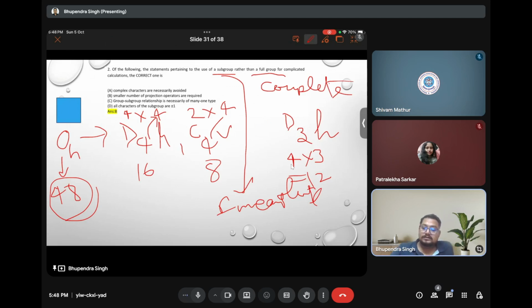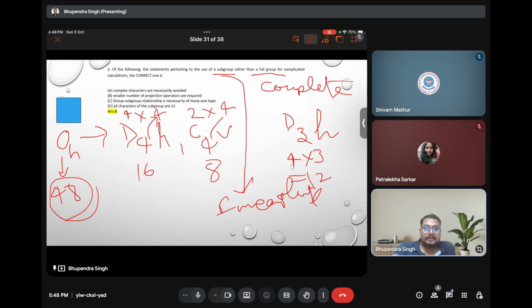For one symmetry species, you have to look at all these 48 symmetry operations, and then the chance of calculation mistake is high.